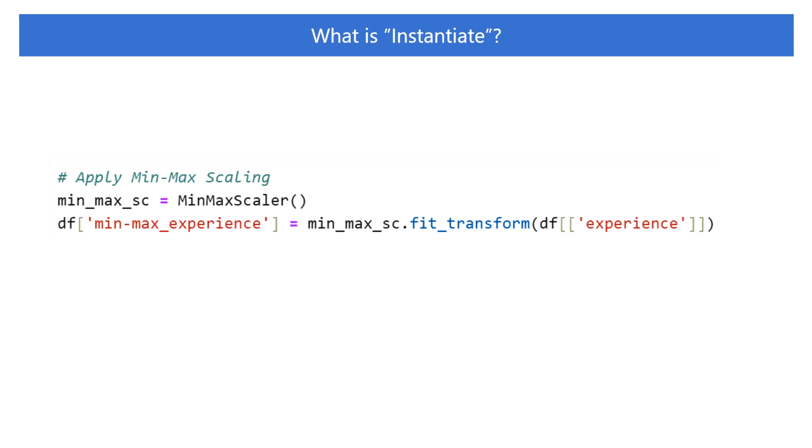As the first step of scaling, we created an instance in this way. Some of you may wonder, what are we doing here? Creating an instance means generating an object from a class. In Python, a class is like a blueprint, and an instance is a specific object created based on that blueprint.